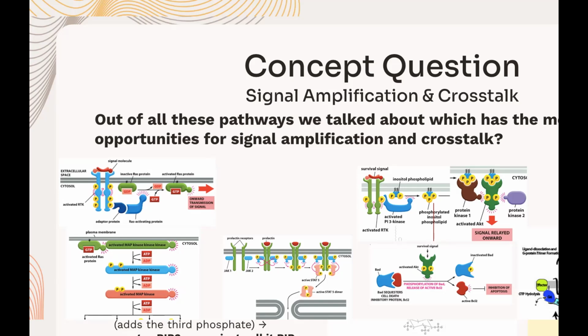So which has the most steps? This first one, right? Because we have this step, this step, this step, and then all these. Each one of these steps could activate a bunch of different ones. Each one of these steps is an opportunity for a different pathway to come and input something. Like if you have the GPCR one, there's basically only these 4 steps. Fewer chances.